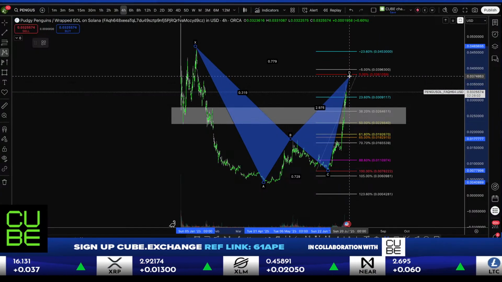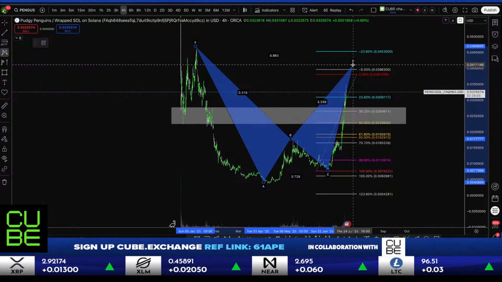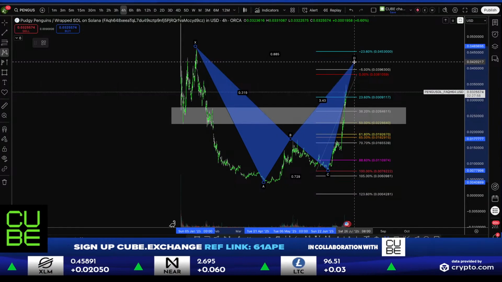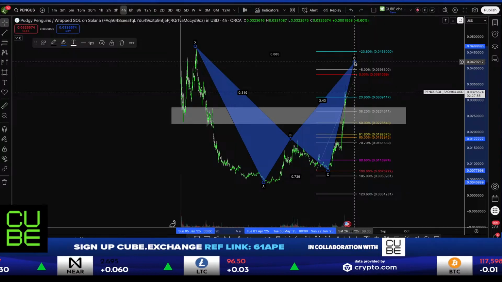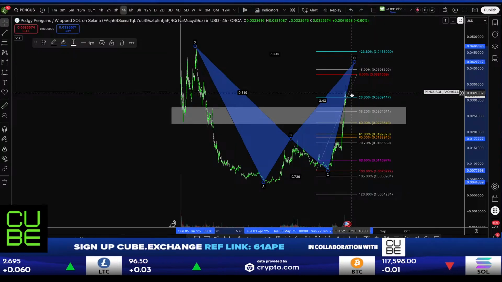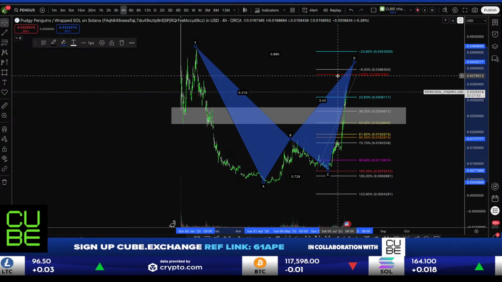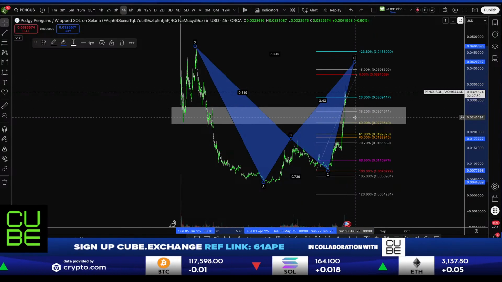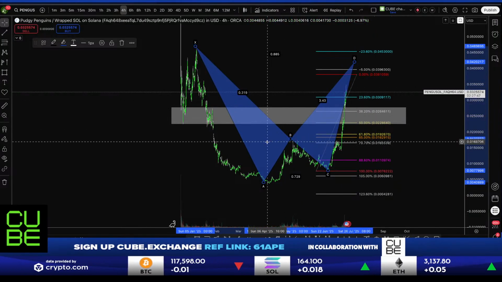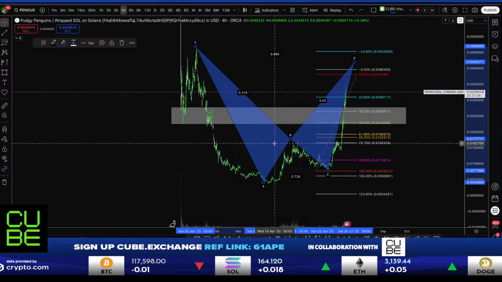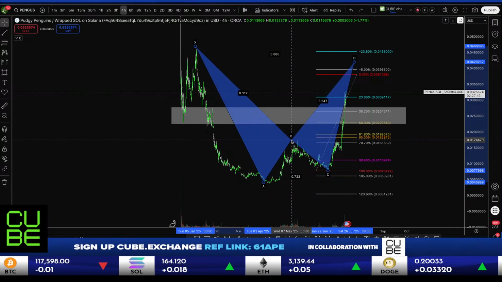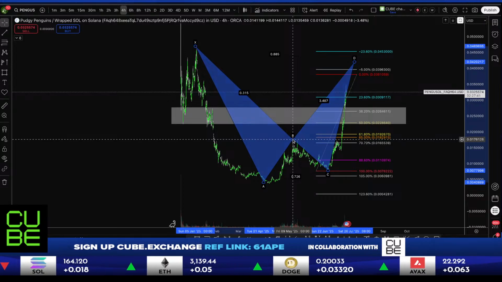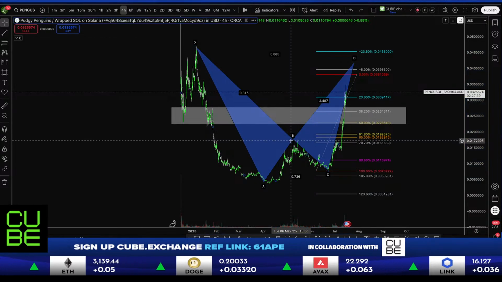This one can still extend further. This can go, I would say, around here, as far as we're going higher. But a pullback within this swing structure right here, yeah. The only thing is that if this thing gets super sold into, you have to factor in the B pivot.